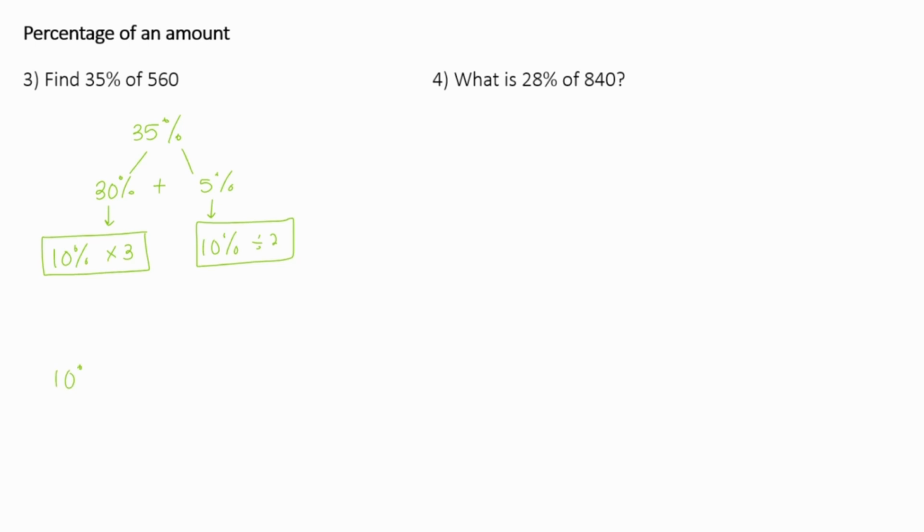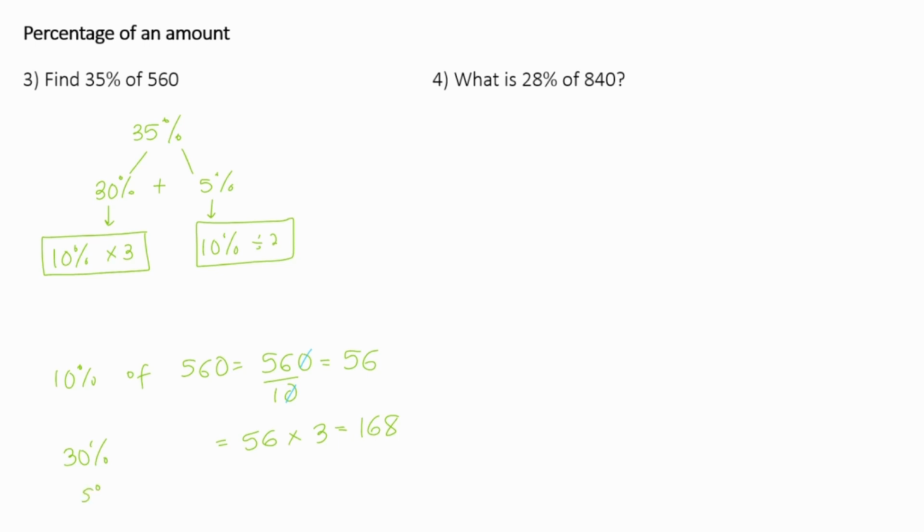So let's first find 10% of 560, which means we're going to do 560 divided by 10. So our zeros cancel out, and that is 56. So in order to find 30%, we are going to do 56 multiplied by 3, and that gives us 168. So we now have 30%, which is 168.